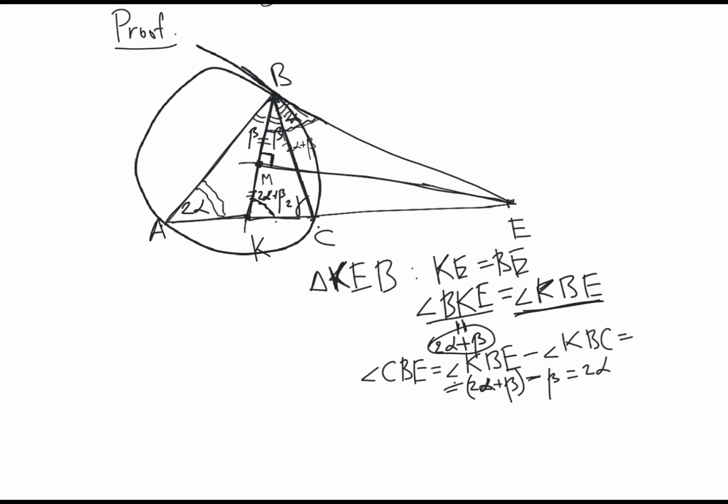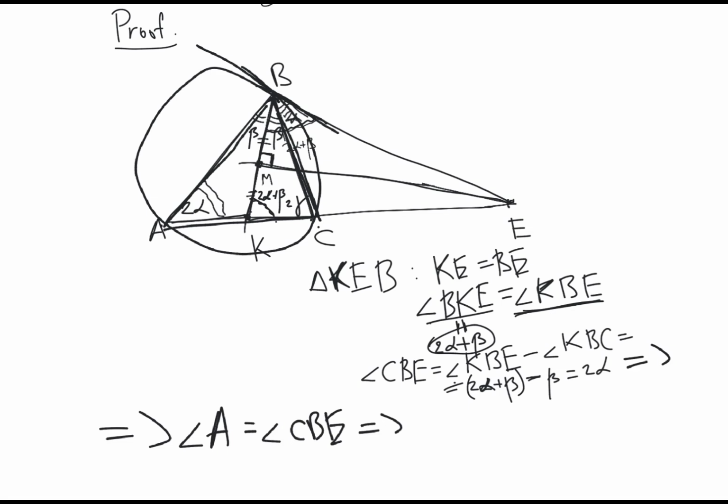So the angle between the chord and the tangent is equal to the inscribed angle subtending the same arc. So from the equality of the angles we conclude that the angle A of the triangle is equal to the angle CBE, and from this we conclude that BE is tangent.